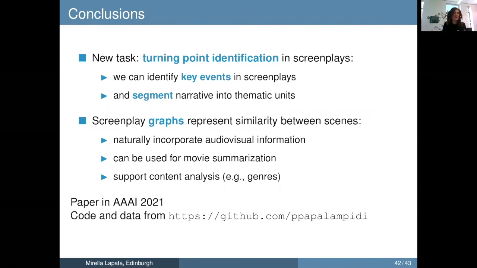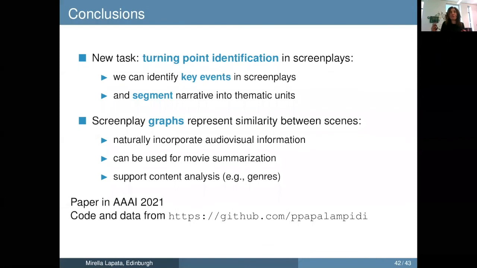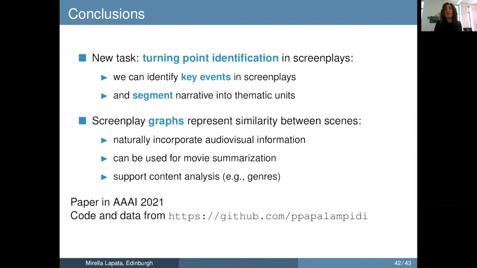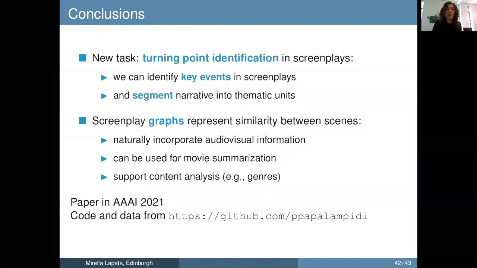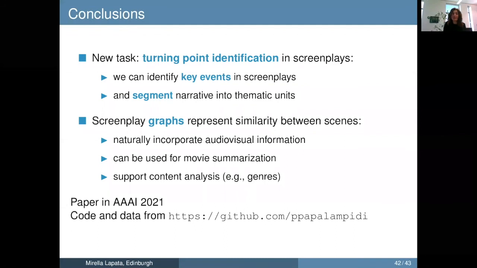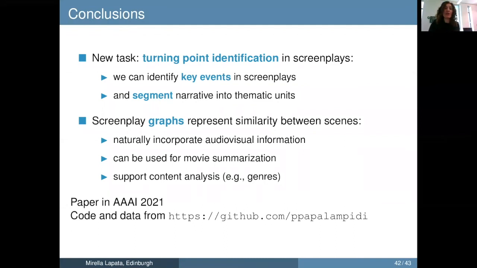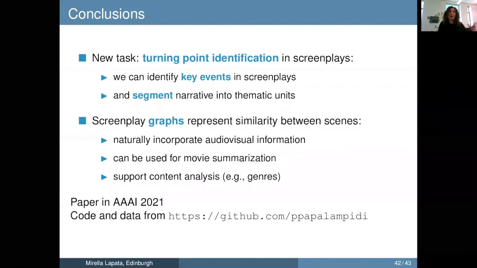One is that they can naturally incorporate audiovisual information through the similarity function. They can be used for movie summarization, but also more importantly, they support content analysis, as I've shown you with the different genres.